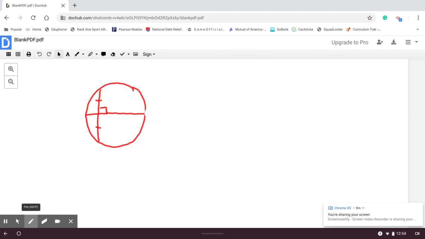Theorem 12.10 states, in a circle, the perpendicular bisector of a chord contains the center. So if you have a chord, like in this right here, and that chord has been bisected by another segment, like this segment right here, then we know that the center is somewhere along that segment.